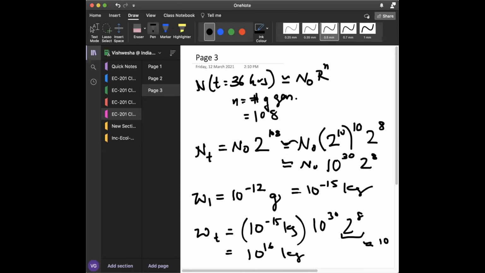Sorry, I read 2 power 8 as 8. 2 power 8 is 256, so we can ignore the 2.5 and 100 is fine. So 10 power 32. What number that you're familiar with sort of compares to that number, 10 power 32 bacteria?